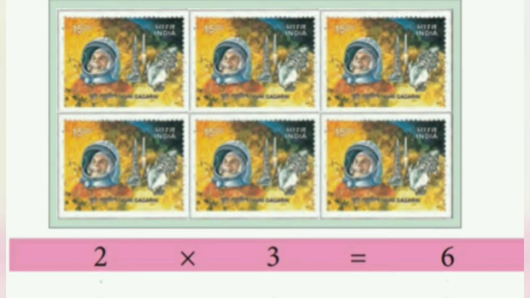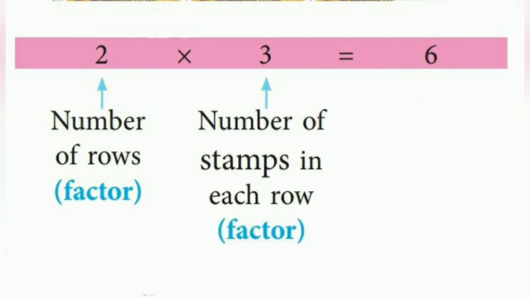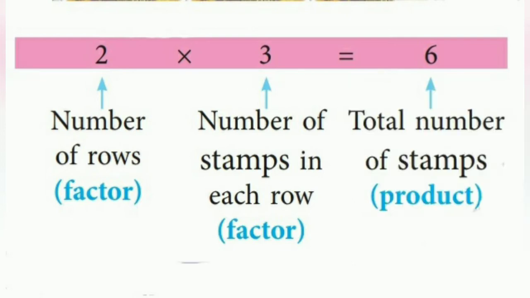So we will multiply 2 by 3. 2 3s are 6. Here 2 is the number of rows, 3 is the number of stamps in each row. These two are factors, and what we got, the final product, is 6. So the total number of stamps is 6.